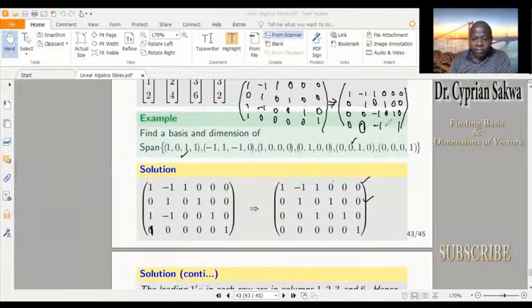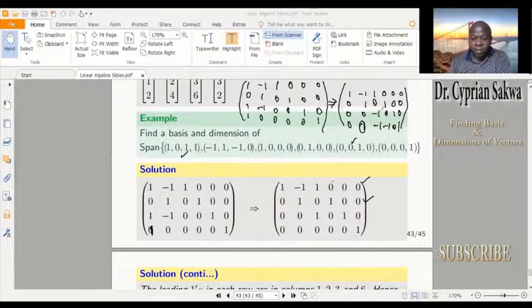I would have negative 1 because it was 0 minus 1. And then this was 0. But you already know how to write in echelon form. I'm just repeating what you already know.